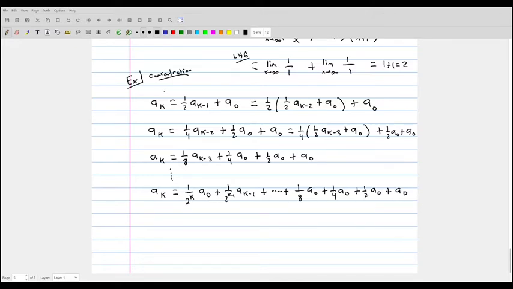This summation is exactly the correct way of writing this concentration example in terms of a_0 itself. Oops, and this right here shouldn't be a_{k-1}, it's just a_0 here.